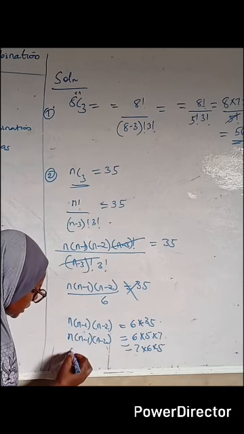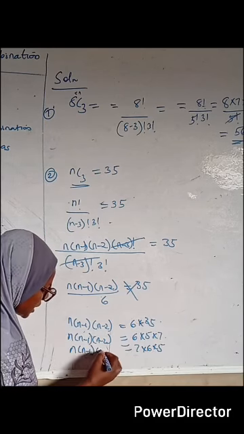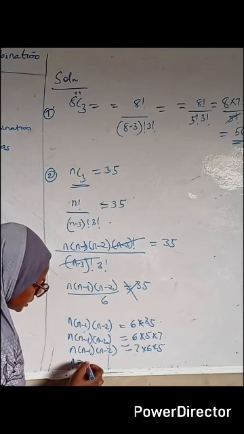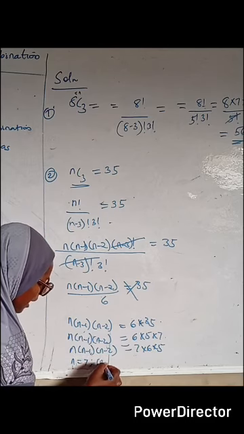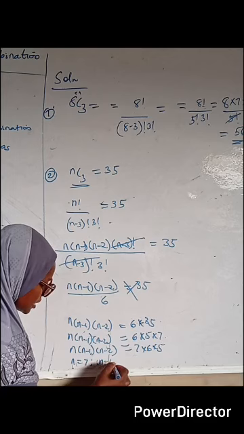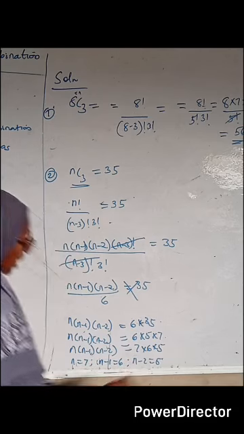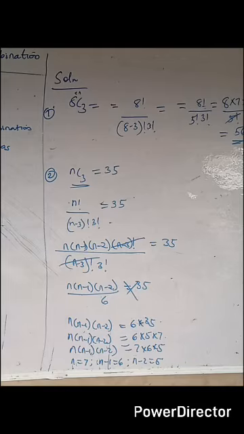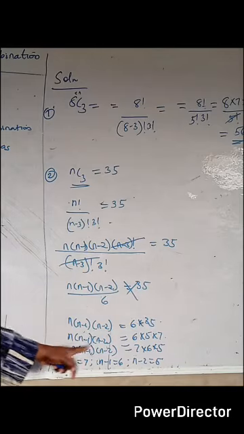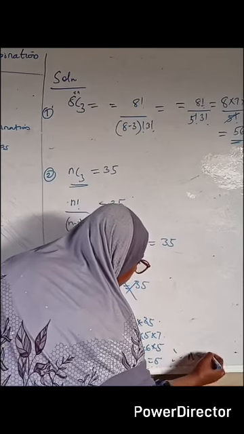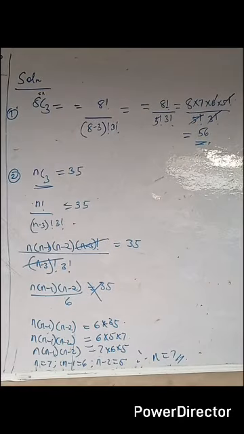So if we compare, we can confidently say that your n is equal to 7, your n minus 1 is equal to 6, and your n minus 2 is equal to 5. Remember that they asked us to find n. Therefore, our n equals 7. I hope that is understood.